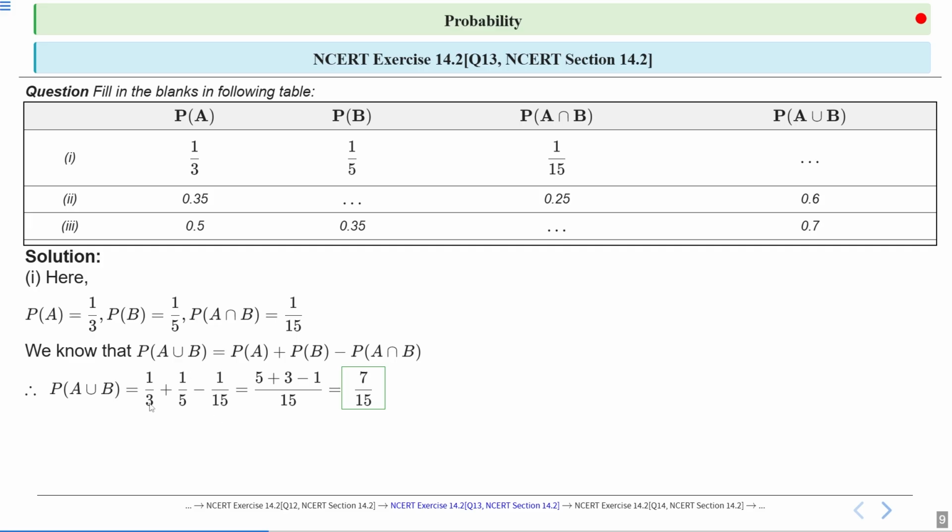Now take the LCM of 3, 5 and 15, which is 15. This is equal to 5 plus 3 minus 1 divided by 15, and after simplifying, probability of A union B is equal to 7 over 15. So in place of the missing value here, it should be 7 over 15.